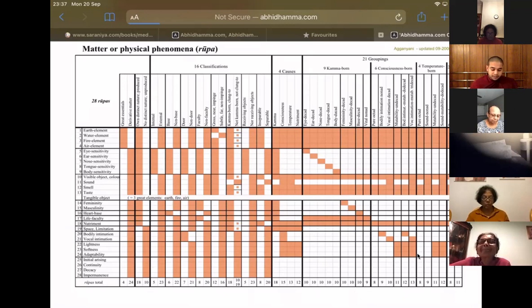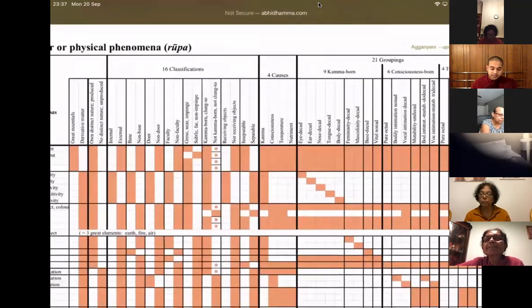Now we find within this chart the 28 Rupas with their essential groupings. Let us just go through the chart first.